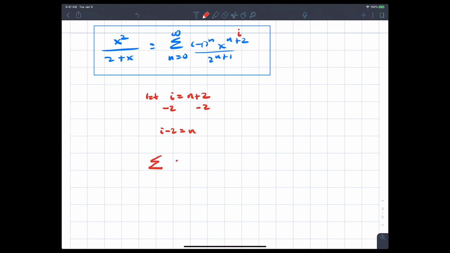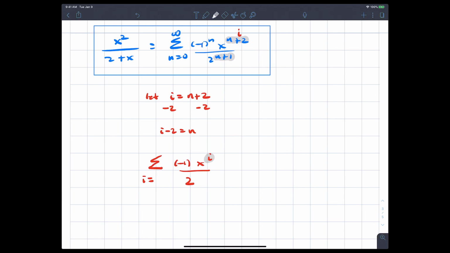Here's a summation, negative 1. Now this is x to the i over 2. We have to find the new power. So I'm going to replace this n plus 2 with i. That's why you see here an i. We have i here going to start somewhere. But the question becomes, what happens to n plus 1?